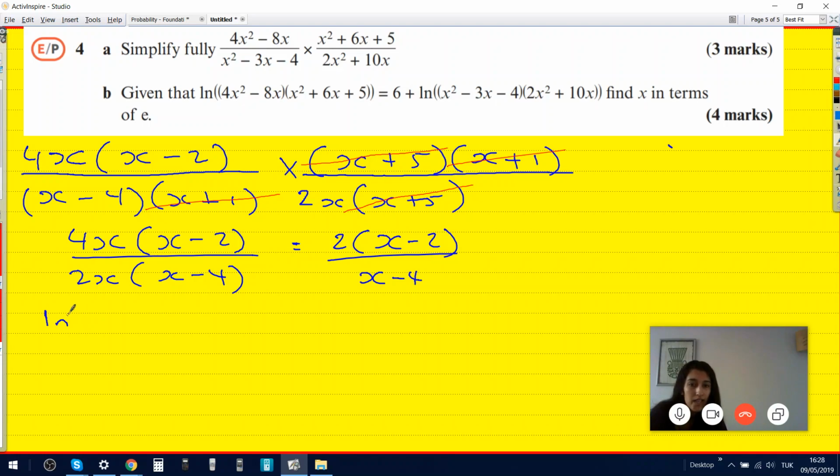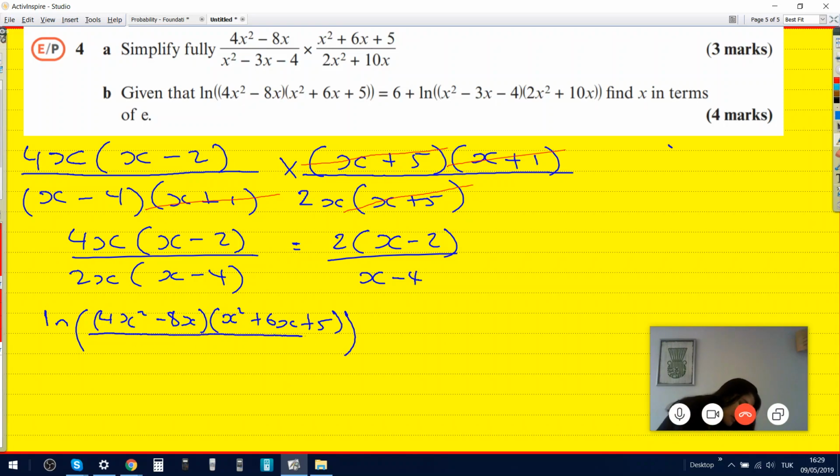When you minus, is that the same as log where you divide, or is that not the same thing? Yeah, because ln is just a type of log. ln of 4x squared minus 8x plus 6x plus 5 over the other stuff.